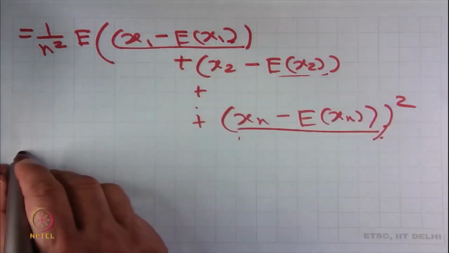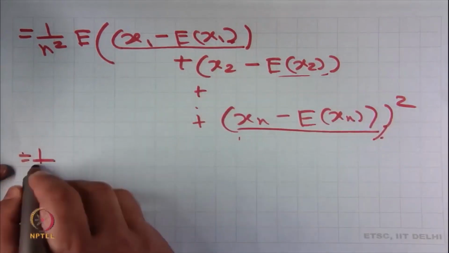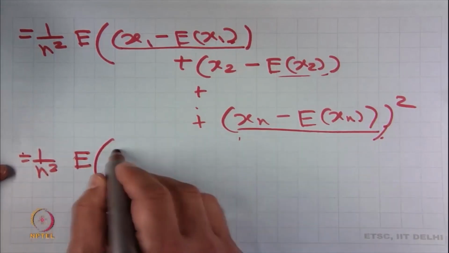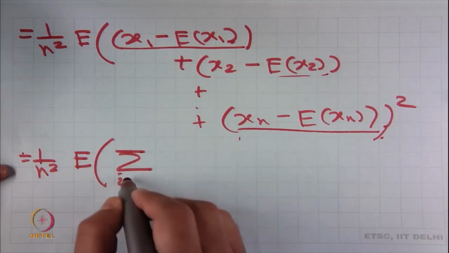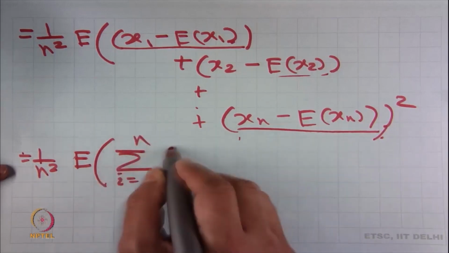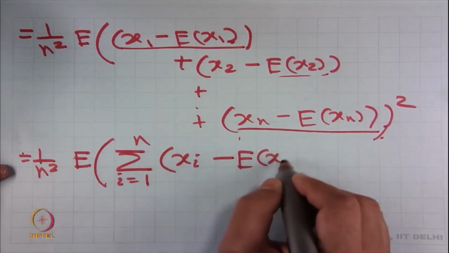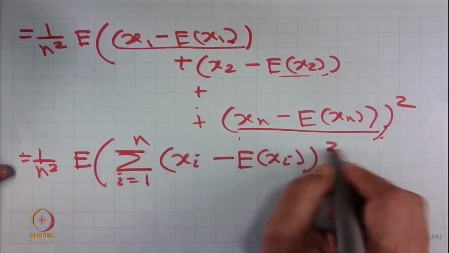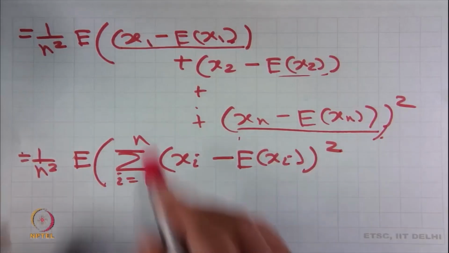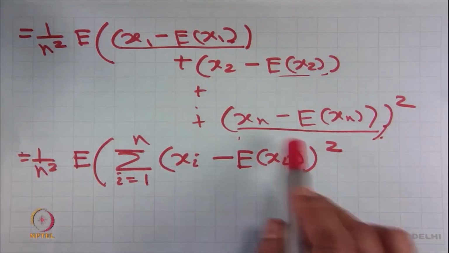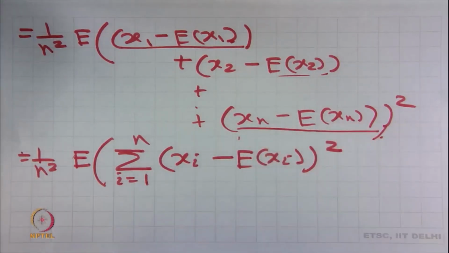This n terms square can be written as this square plus this square plus this square up to xn minus E of xn whole square.